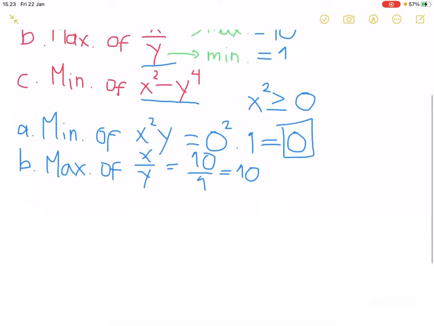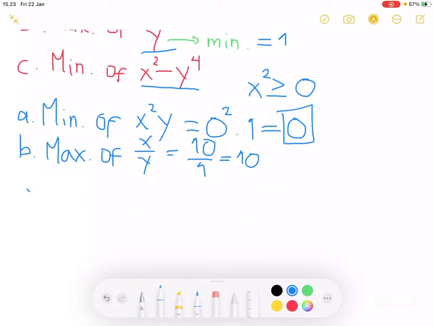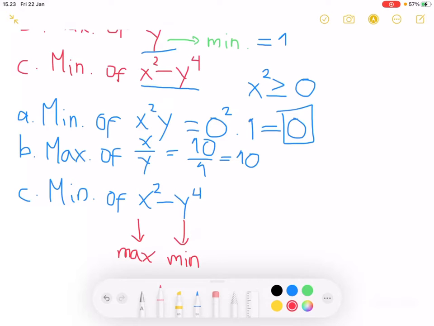Alright, for the next part, we're going to solve for the minimum value of this. And when you're dealing with subtractions, you must consider this to be the maximum and this to be the minimum. However, notice this cannot be negative because the range of any even powers is always positive, and I just mentioned right here.